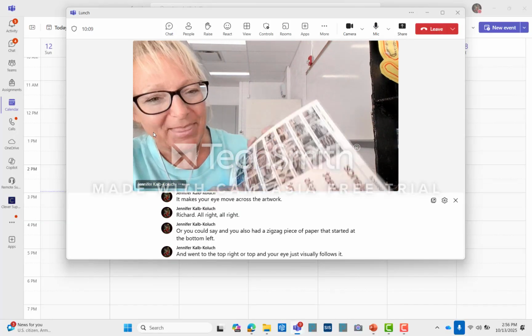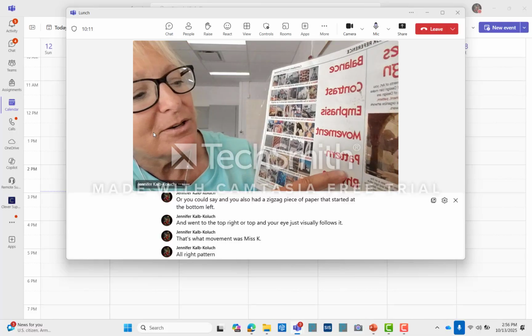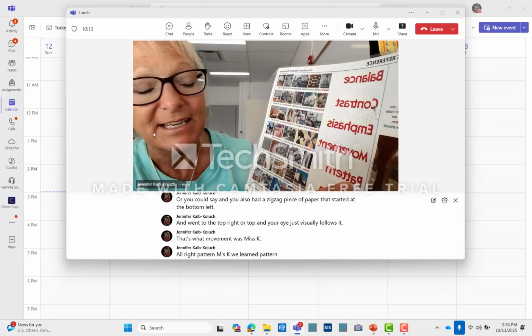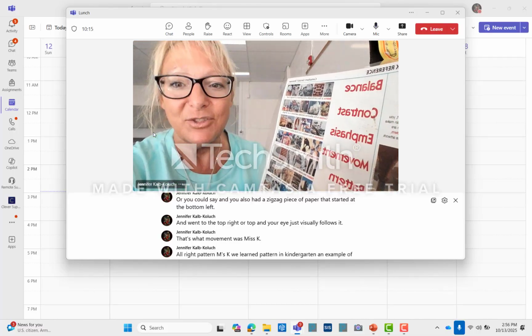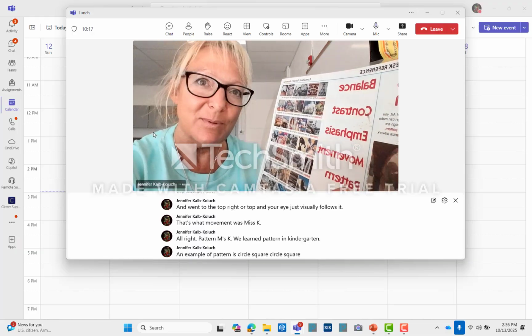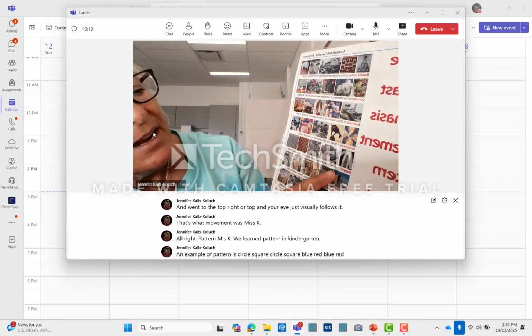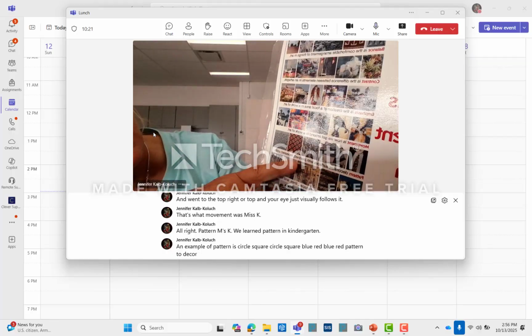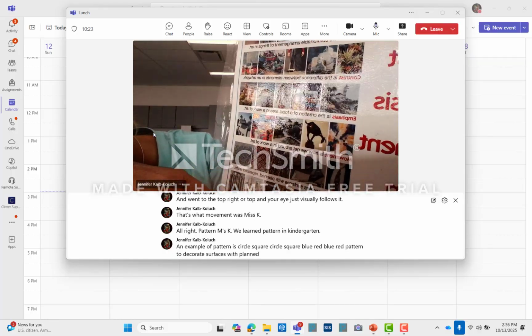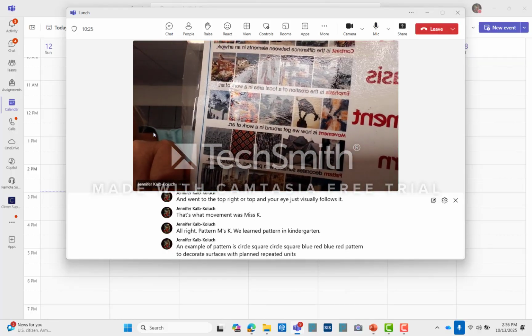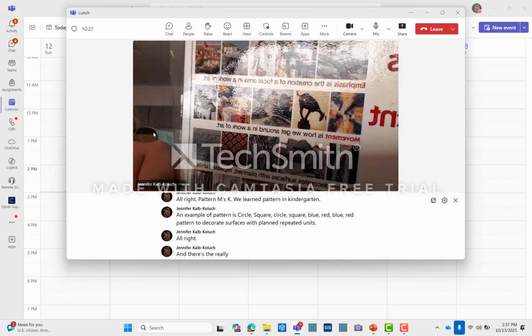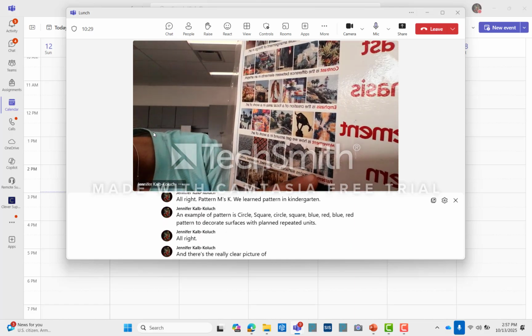All right. Pattern, Miss K, we learned pattern in kindergarten. An example of pattern is circle, square, blue, red, blue, red. Pattern decorates surfaces with planned, repeated units. All right. And there's the really clear picture of patterns here.